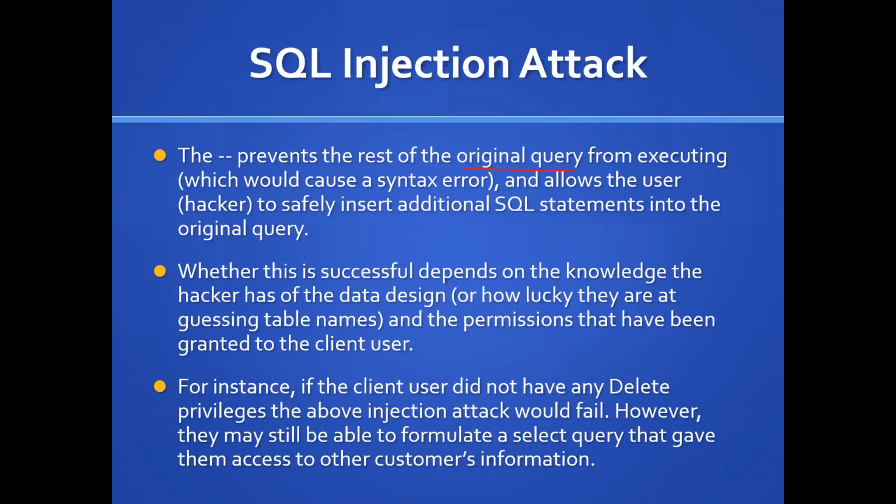That's why, both in the project and in this lab, you have access to the var www where you have the files and you can read through them. And that's how you're going to figure out how to do the attacks. Or they could get lucky by guessing table names, but that's much more difficult.